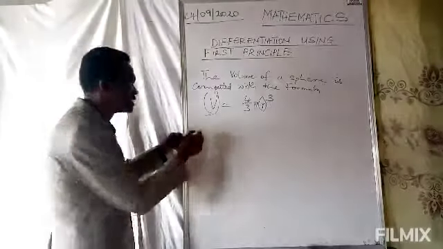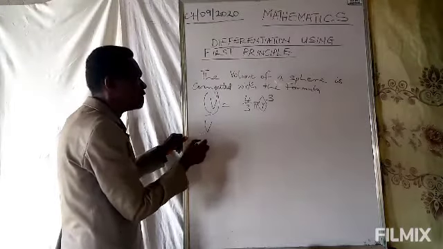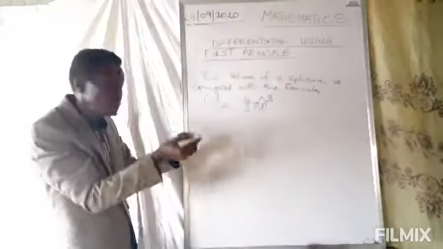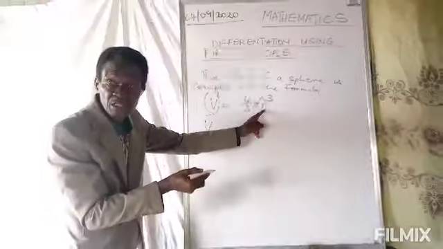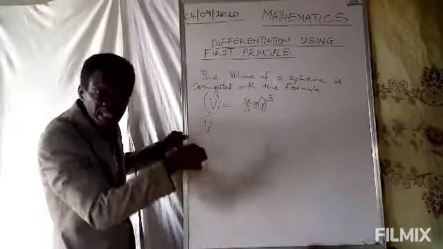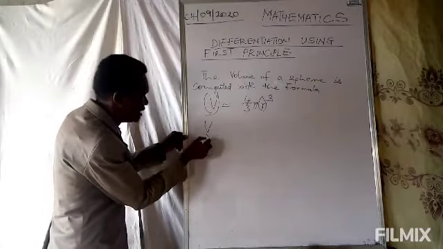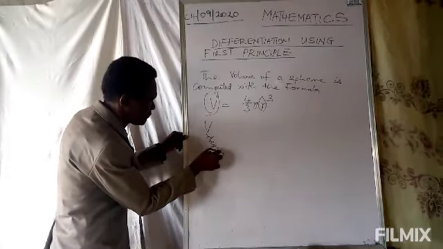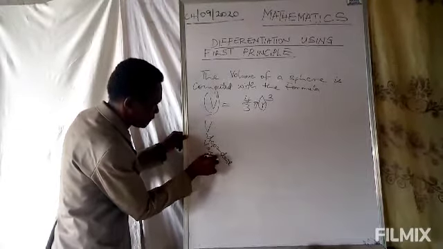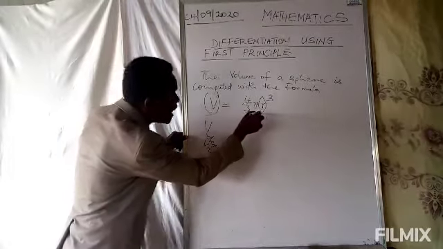So, here now we say V is determined by whatever value r obtains. So that's why V is called the dependent variable, while r is the independent variable.